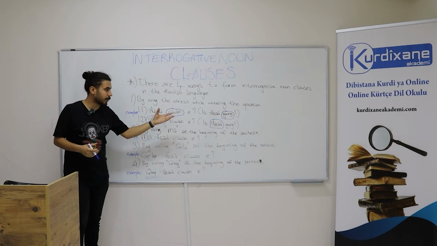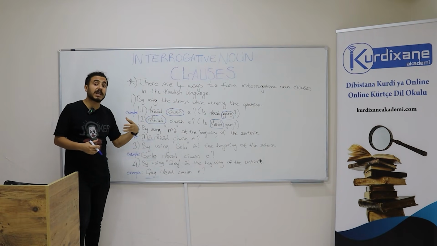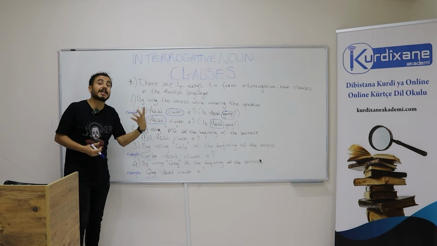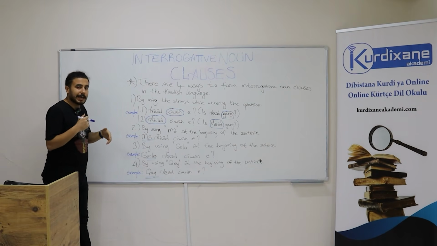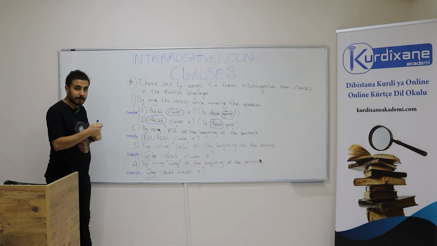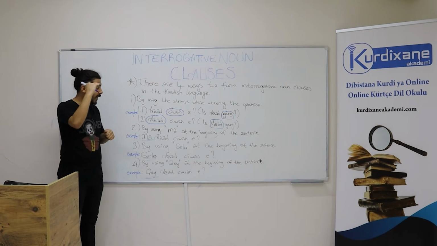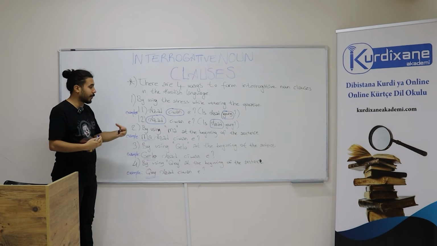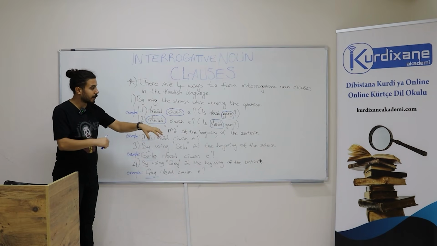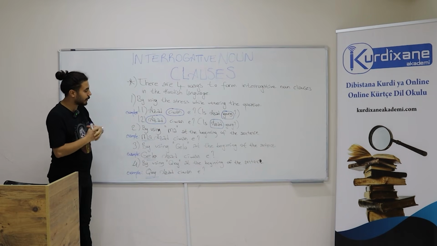So that's the difference. As I said, it's up to you which one you use, but pay close attention to the stress, which one you pronounce a bit higher, because it will make your question more clear, whether you ask about is Azad young or is Azad young.